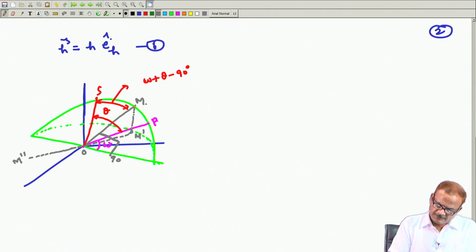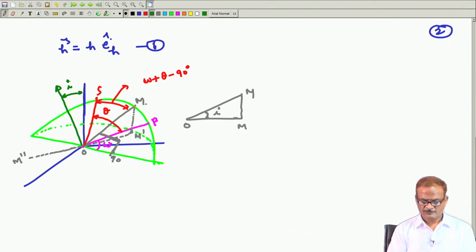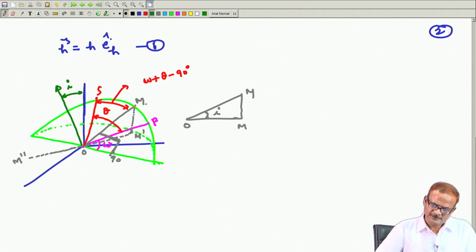Because this angle here, this is 90 degree. So, therefore, this wedge shaped part we have drawn here, this is O m prime m, this angle also this is I, and normal to the orbit, this angle is also I. So, here I am not showing, but because of this figure will get much more complex, it will look bad.